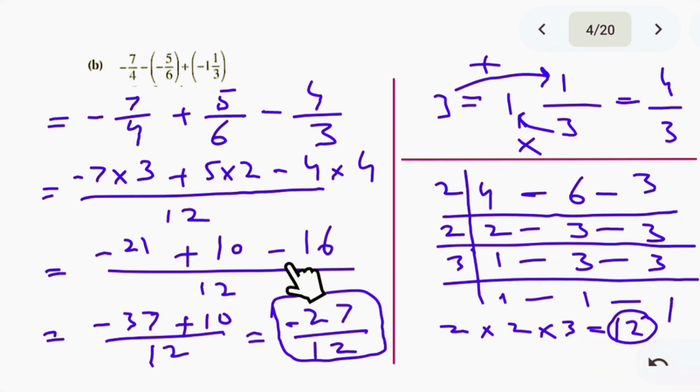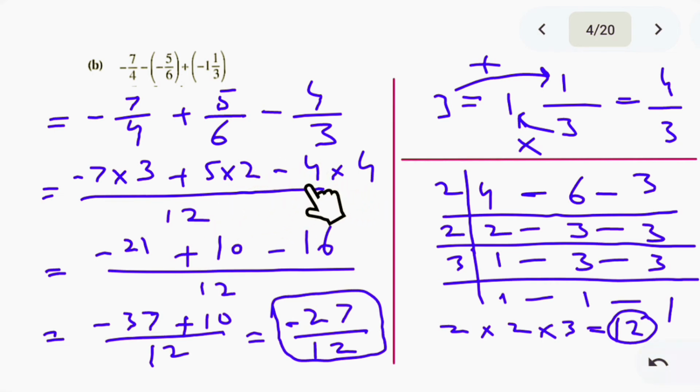So this LCM is written over here, and then we know that we have to divide it by the denominator of the fraction. 12 is divided by 4 and the answer is 3, and this 3 is multiplied with the numerator, that is minus 7. And same is the case with the other fractions.